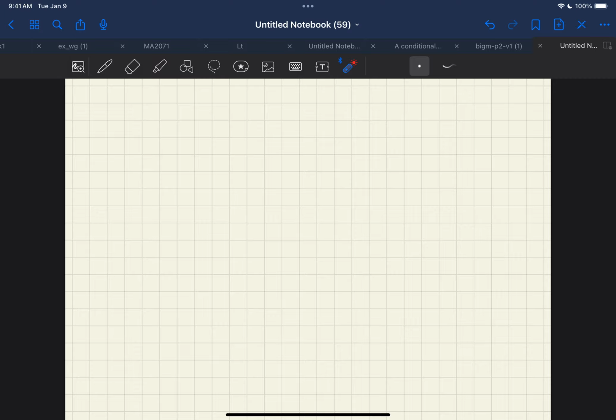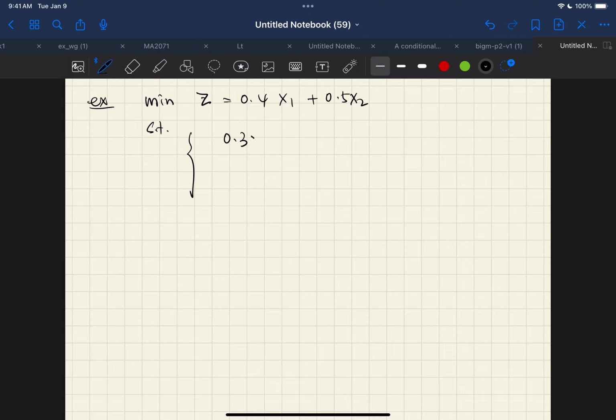So the example is again, we're looking at two variables for simplicity. We just think of a minimization problem, which is concerned with two decision variables, but there are three sets of constraints.